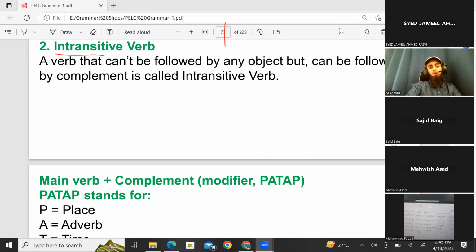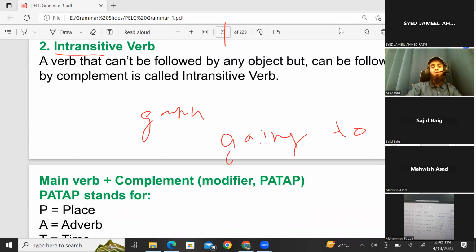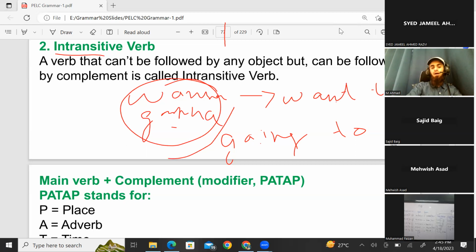Like, I'm gonna do this. Gonna means I am going to do this. Gonna means going to. Wanna means want to. I wanna do this, right? Yeah, but this is informal.